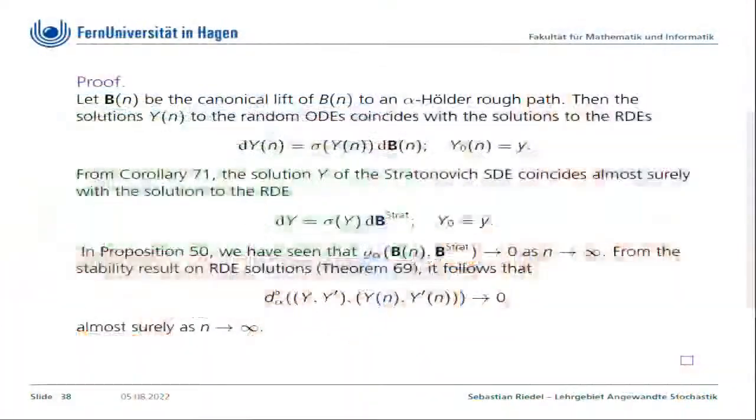Okay, and so we use now the stability result for rough differential equations, estimating the difference here. To estimate the difference of the solutions in the flat metric, to prove that this goes to 0, it's sufficient to prove that this goes to 0. Yeah? This was the stability result.